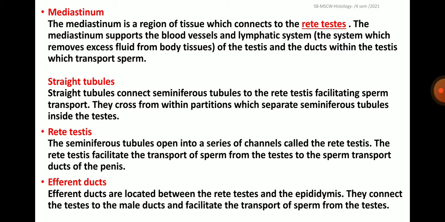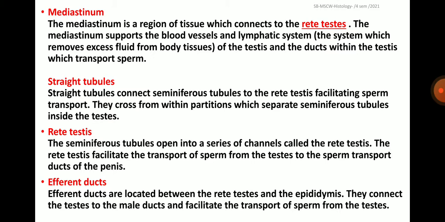Certain terms like secondary tubules are also mentioned in the notes. So you can mention the straight tubules are the ones which connect seminiferous tubules to the rete testis, facilitating sperm transport, and they cross from within partitions which separate seminiferous tubules inside the testis.